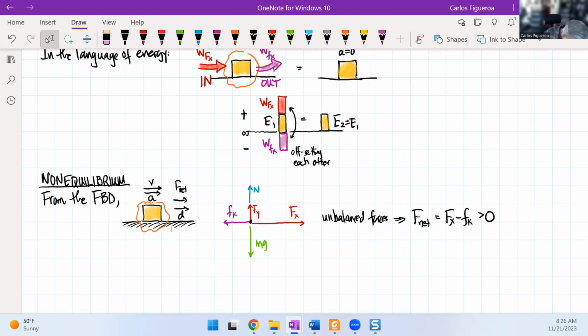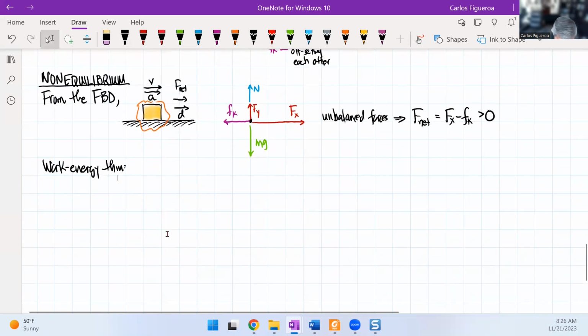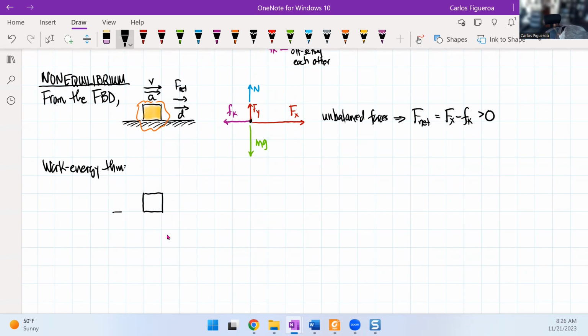So in this situation, the work energy theorem tells us the following thing. I have a block. And when I look at my block, what do I see in my system?